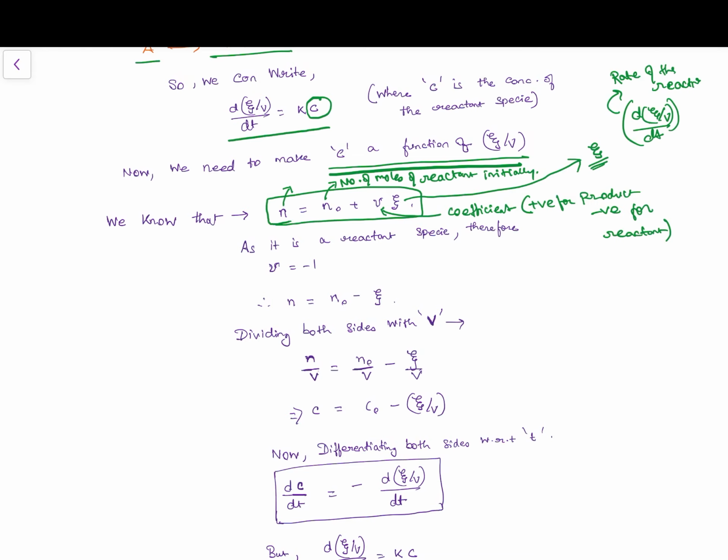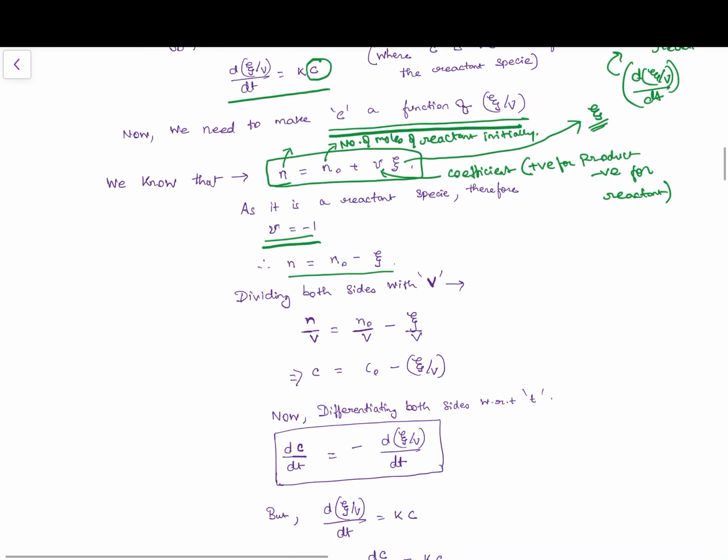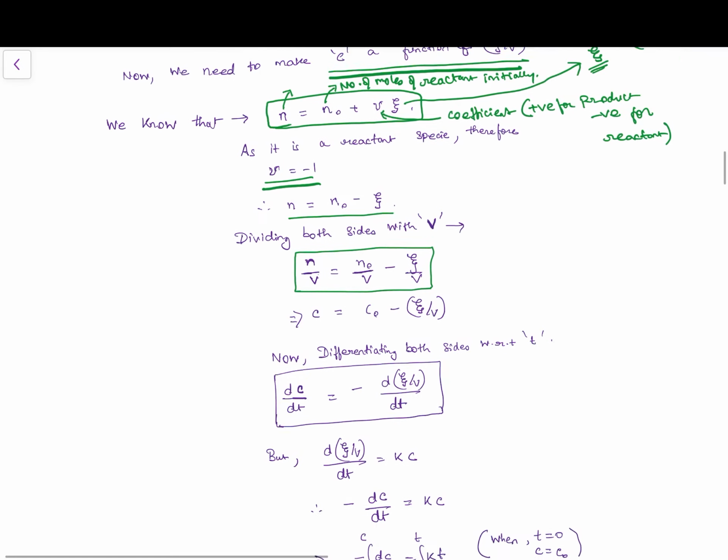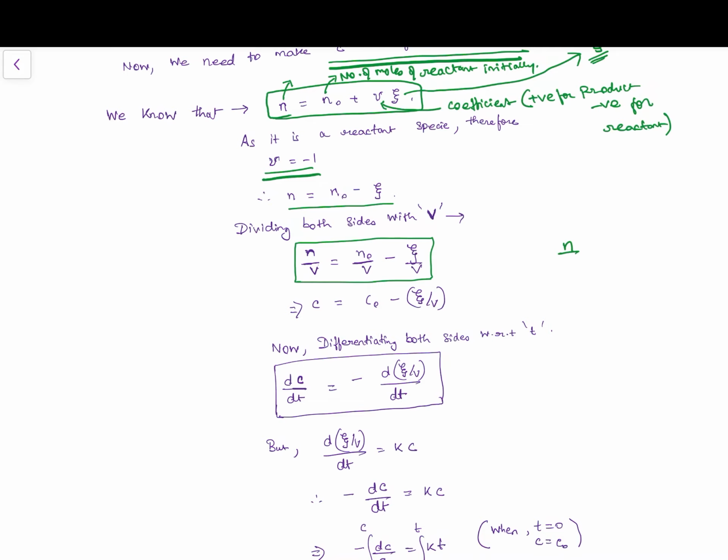As we are considering a reactant species in this case, mu is equal to -1, so in the end the equation comes as follows: n is equal to n0 minus epsilon, and if we divide both sides by v, we get n by v equal to n0 by v minus epsilon by v. As n by v gives us concentration, we can write C is equal to C0 minus epsilon by v.